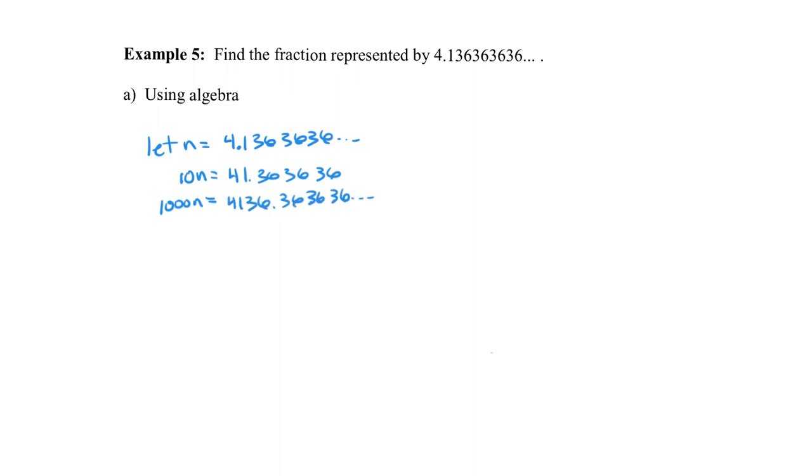So then what I'm going to do is something similar to what we did before. I'll take the 1,000n, which is 4136.363636..., and I'll also take the 10n, which equals 41.363636... I keep forgetting some of these ellipses because these go on forever.